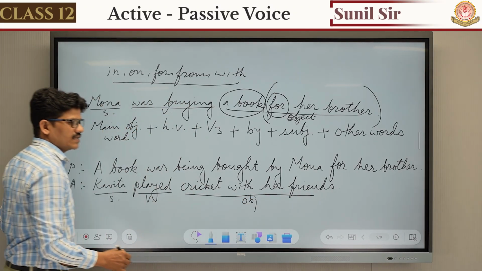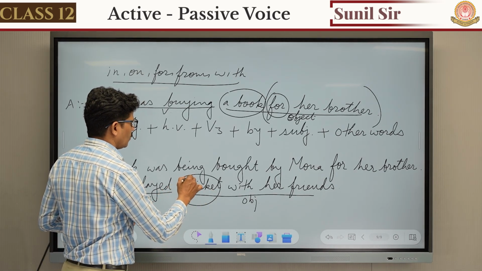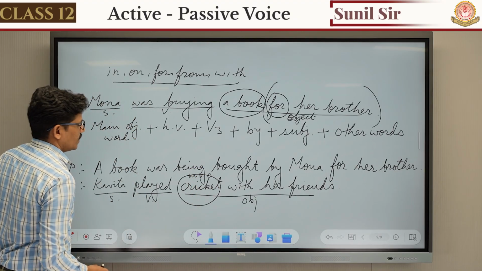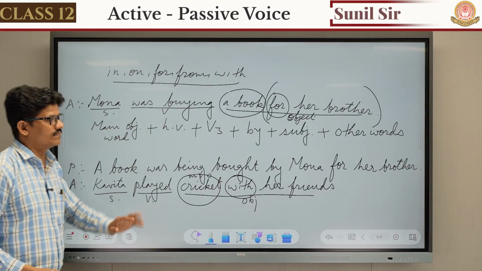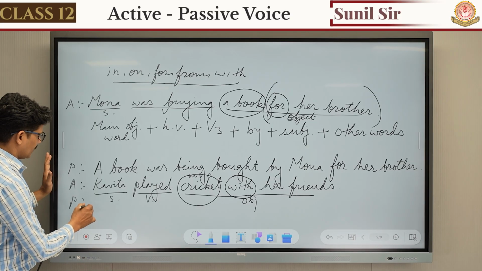But in this sentence, cricket is the main object word, and the word "with" has come. So passive voice: cricket.